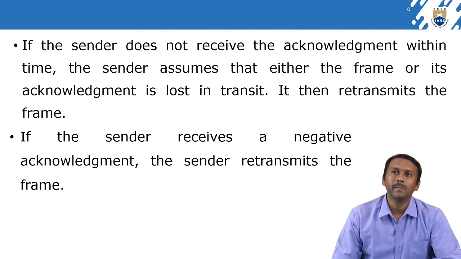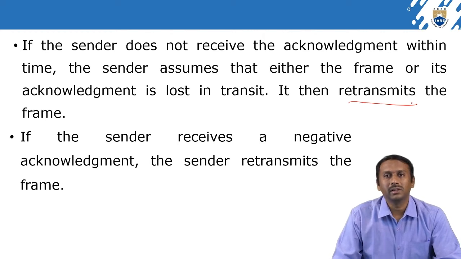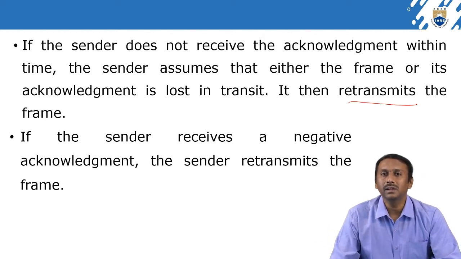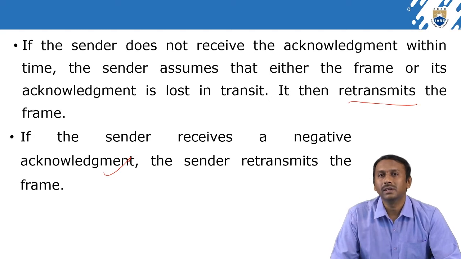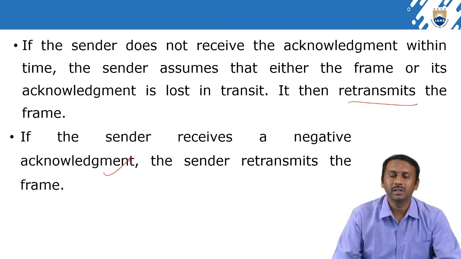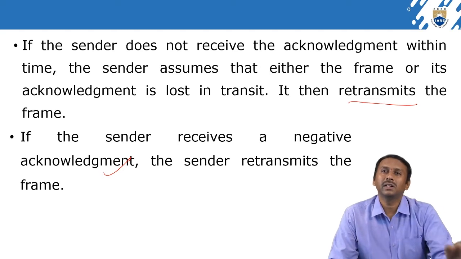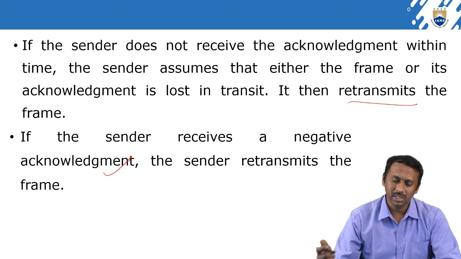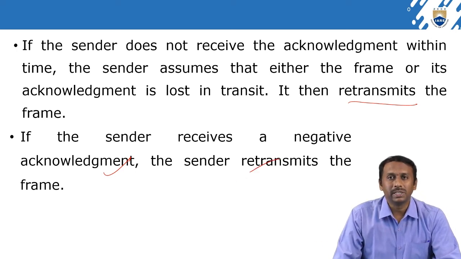So the sender retransmits the frame once again. Even if the acknowledgement is not received, the sender will resend the same frame. If the sender receives a negative acknowledgement, the sender retransmits the frame. That means the receiver received the data, but the data frame received may be corrupted. That's why the receiver will send a negative acknowledgement.